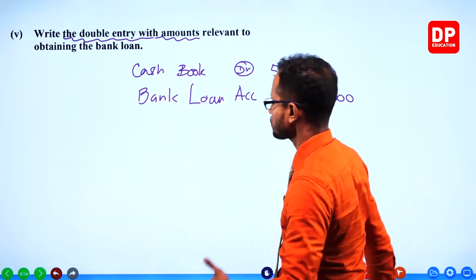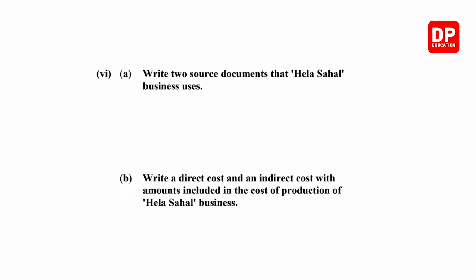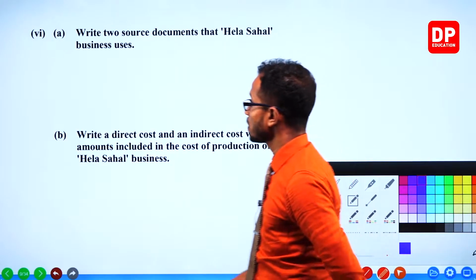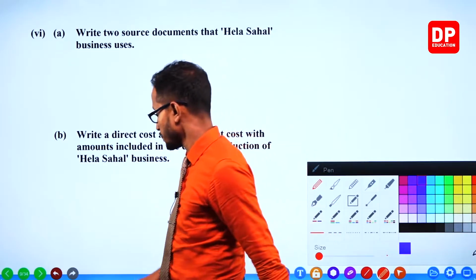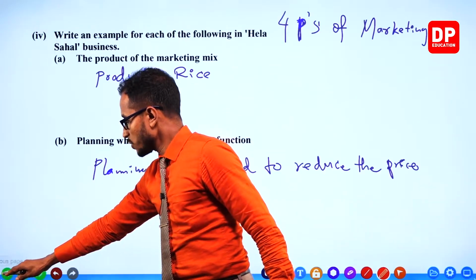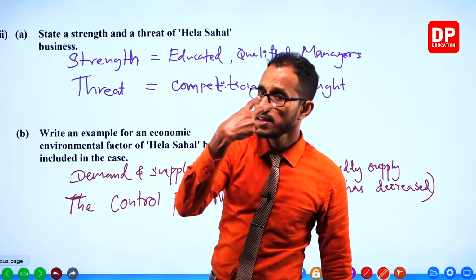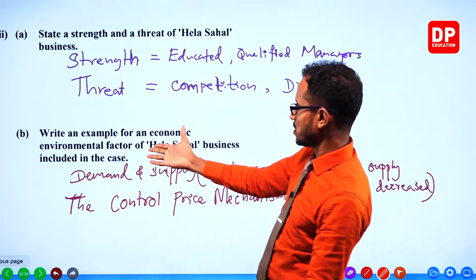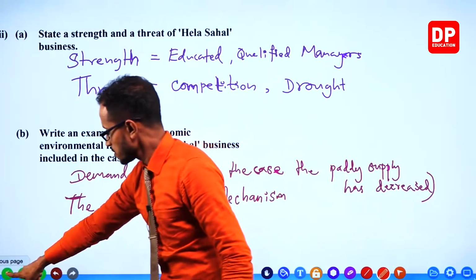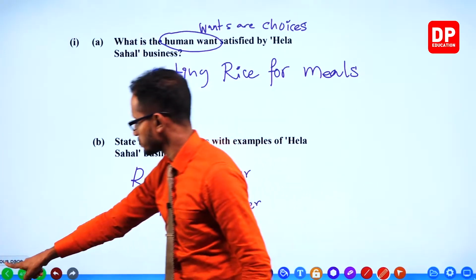Here we go. Accounting questions. Write 2 source documents that Hela Sahal business uses. So 2 source documents, okay? Now you have to look at the transactions. Where are the transactions? There we go.